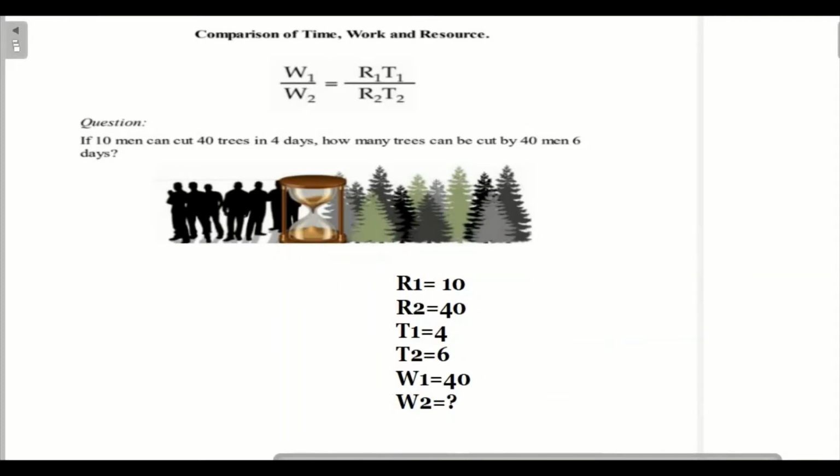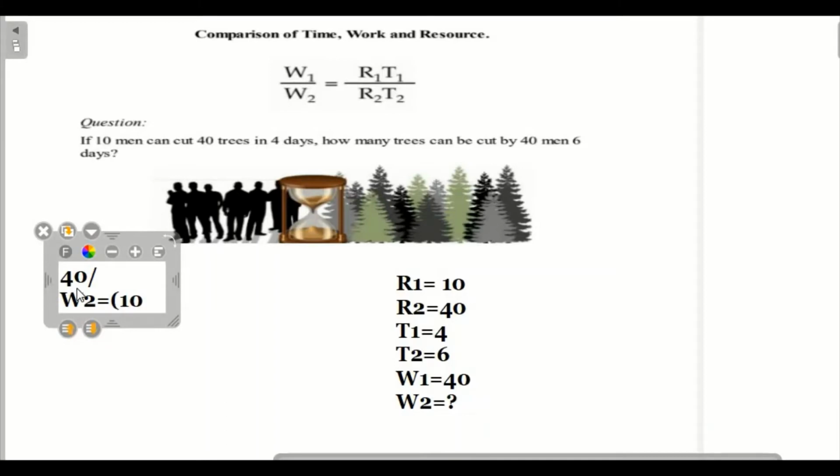So here is the formula, that is W1, which is 40, divided by W2, equal to R1 into T1, that is 10 into 4, divided by R2 into T2, that is 40 into 6.